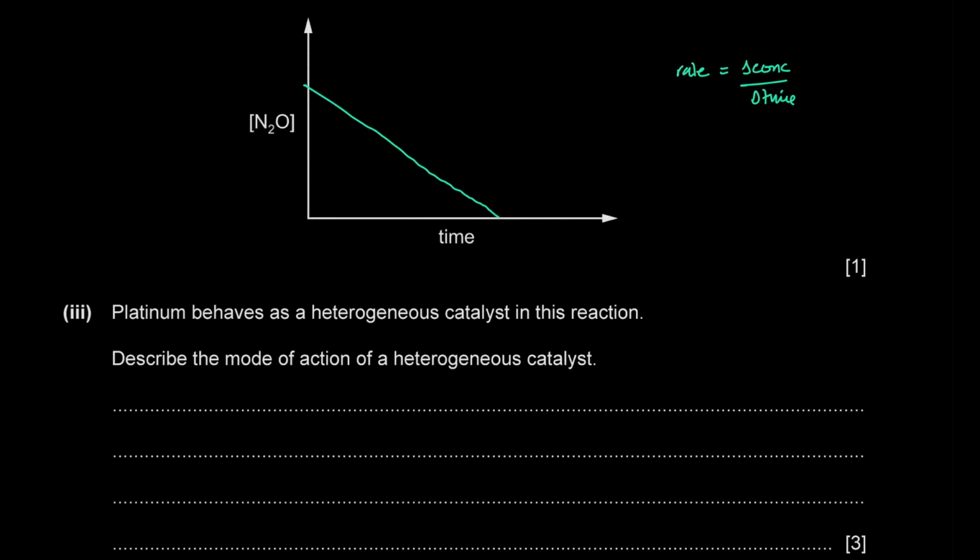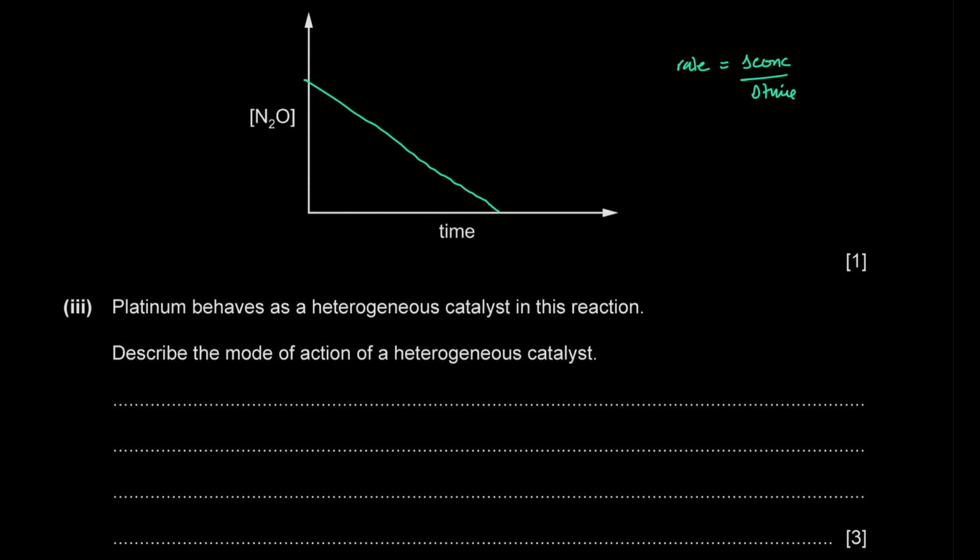Platinum behaves as a heterogeneous catalyst in this reaction. Describe the mode of action of a heterogeneous catalyst. Now, heterogeneous catalysts work on the basis of adsorption. To understand this, let's look at an example: the nitrogen and hydrogen in the Haber process react to form ammonia, and we use iron as a catalyst. If you think about the surface of the catalyst, here we have the iron catalyst.